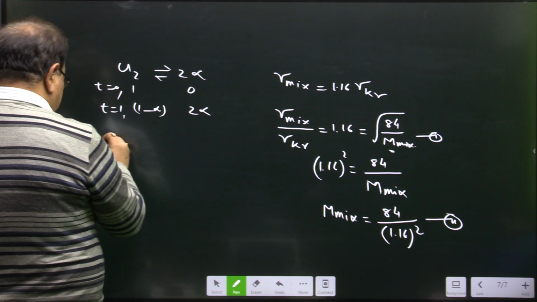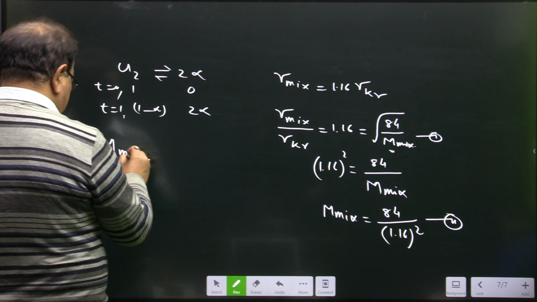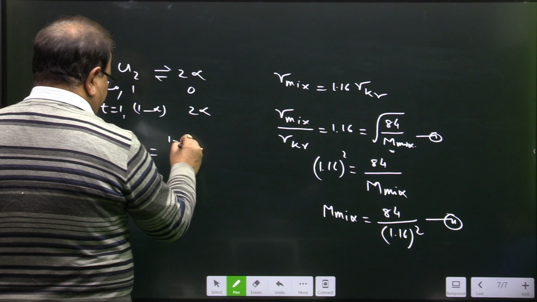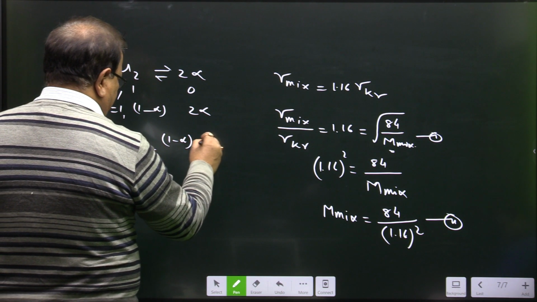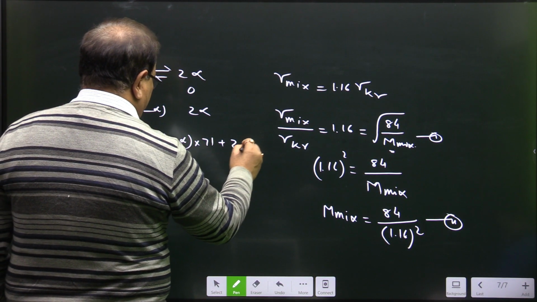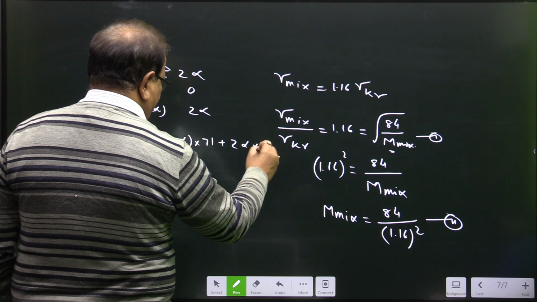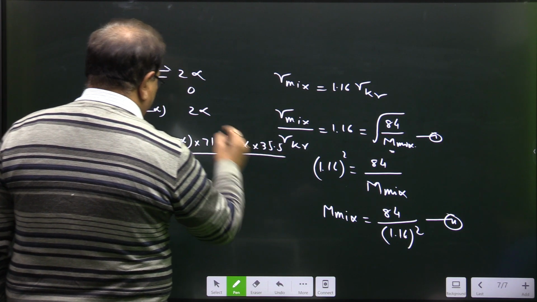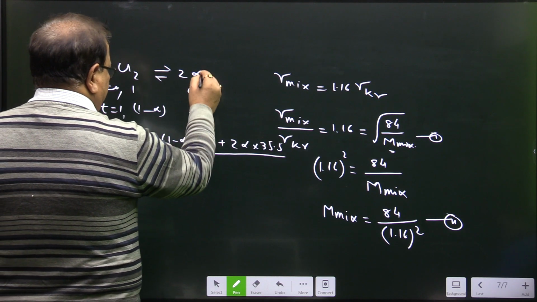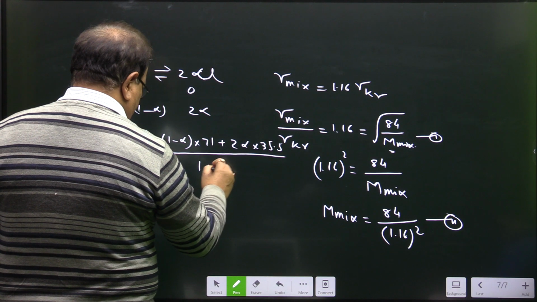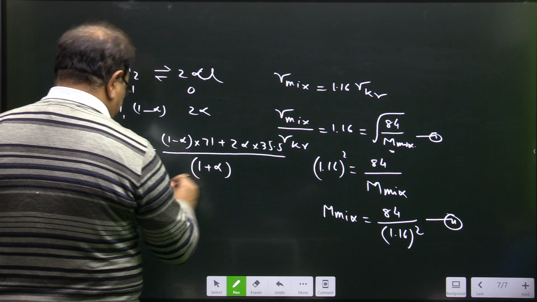Now this molar mass of mixture is equal to, for Cl2, 1 minus alpha into 71, the molar mass of Cl2 in the mixture, plus 2 alpha into 35.5, the molar mass of the chlorine atom in the mixture. Now 1 plus alpha is the total moles.